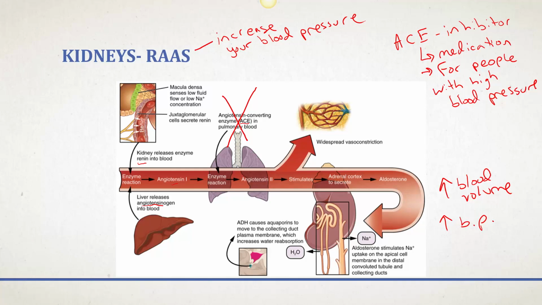It prevents angiotensin 1 from being converted to angiotensin 2 and kind of stops this pathway, and that aids in decreasing our blood pressure. But as a normal body system or endocrine system function, we have this renin-angiotensin-aldosterone system, and its job is to increase your blood pressure.